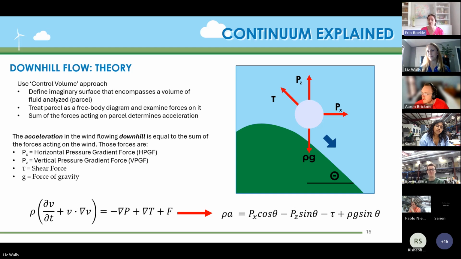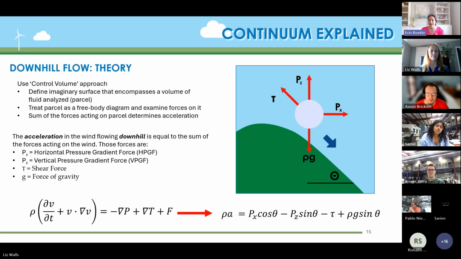The first two terms are our pressure gradient terms relative to theta. Theta is just the slope of our elevation. So if you've got a steeper slope, you're going to have a bigger theta, and a more gradual slope is going to be a smaller theta. Those first two terms are relative to our pressure gradient forces. The third term is our shear force, again in the opposite direction of our flow. And the last term is gravity.